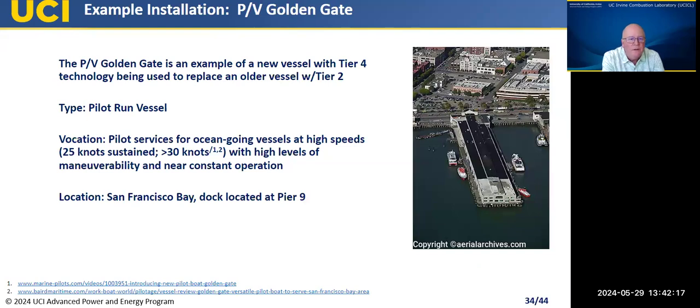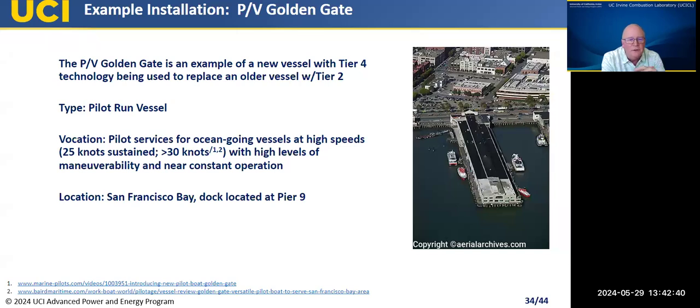So this is the PV Golden Gate, and this is a pilot run vessel. It's basically a vessel where the existing vessel with tier 2 technology was replaced with the new tier 4 engine technology. This is located at Pier 9 in San Francisco Bay.